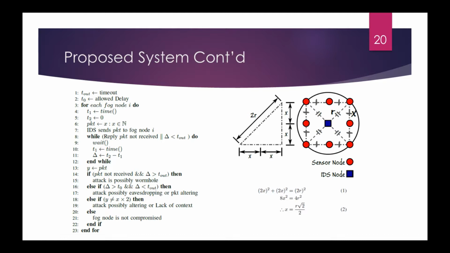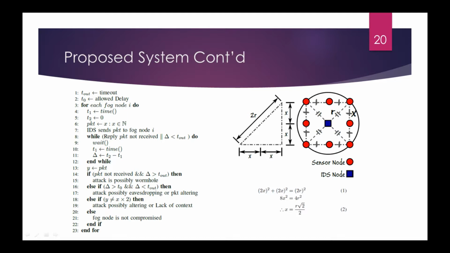Any packet that exceeds that time, even after being received, will be assumed to be received from an adversary node. So the IDS during the interrogation period, T discovery, sends this packet one-to-one, in a unicast, to each of the sensor nodes.